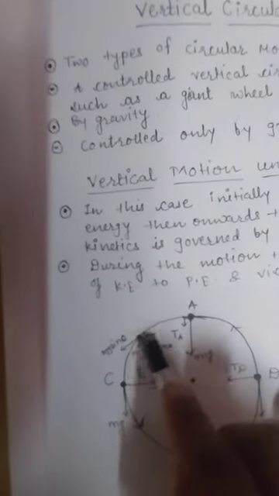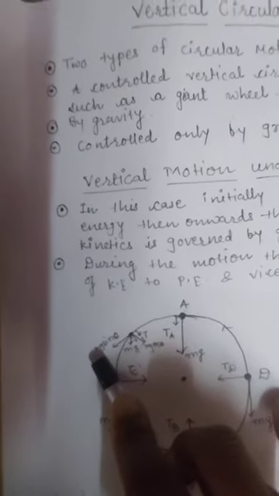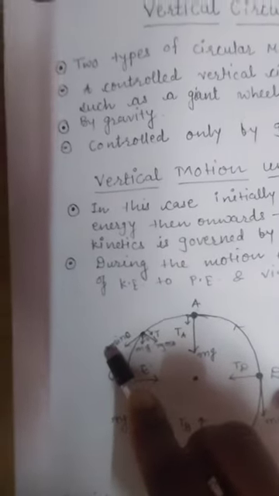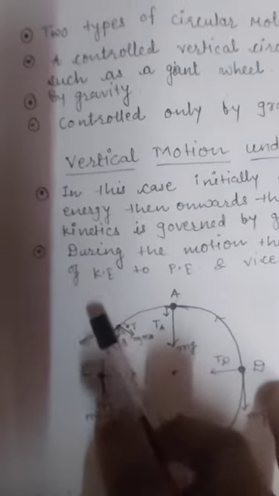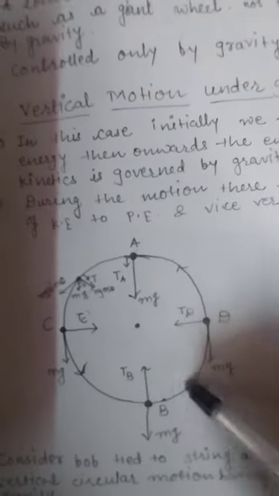Here the component of the mg, that is mg sin theta, will help to change the speed.